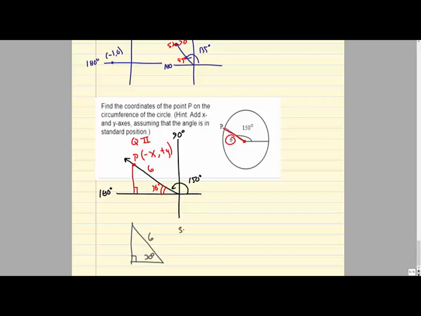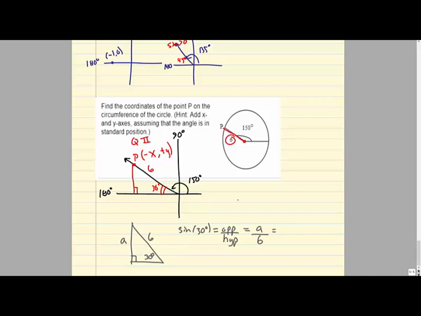Well, let's think about this. The sine of 30 degrees is the opposite over the hypotenuse. And this opposite side, I don't know. So I'm just going to call this a. So the opposite side would be a over the hypotenuse, which is given as 6.